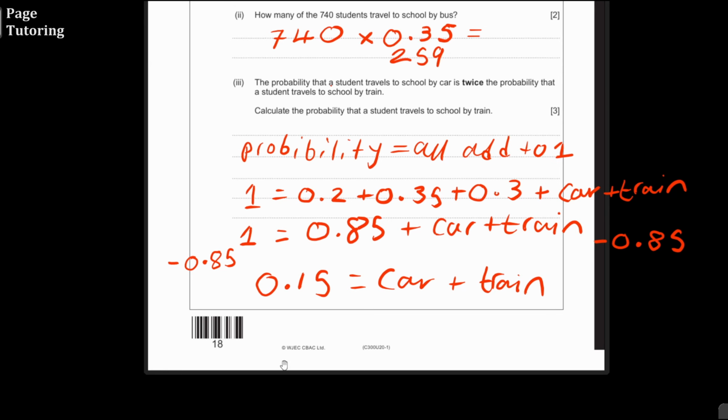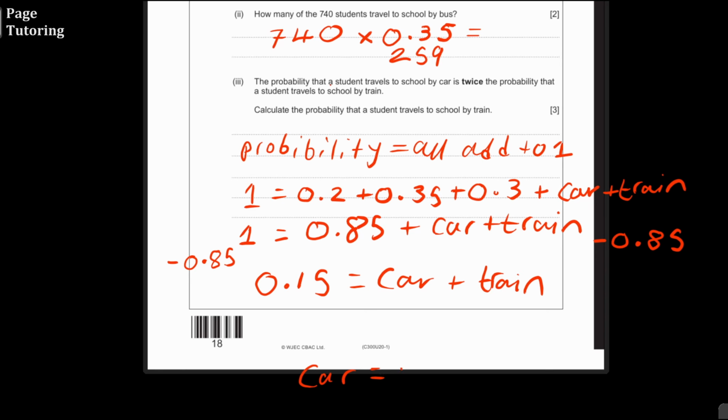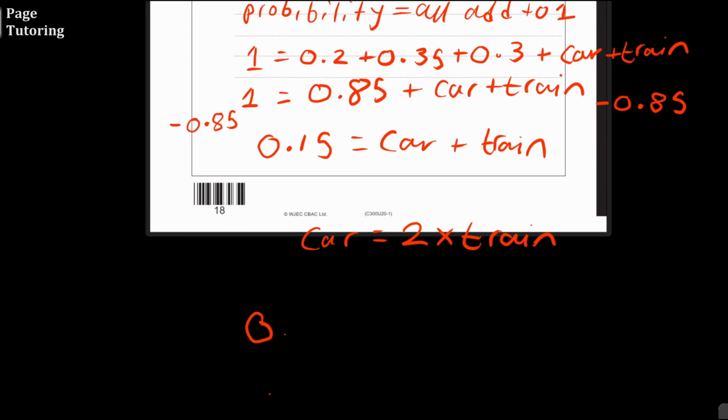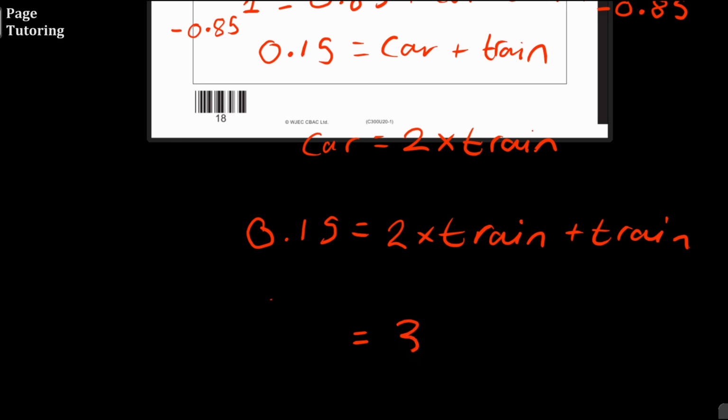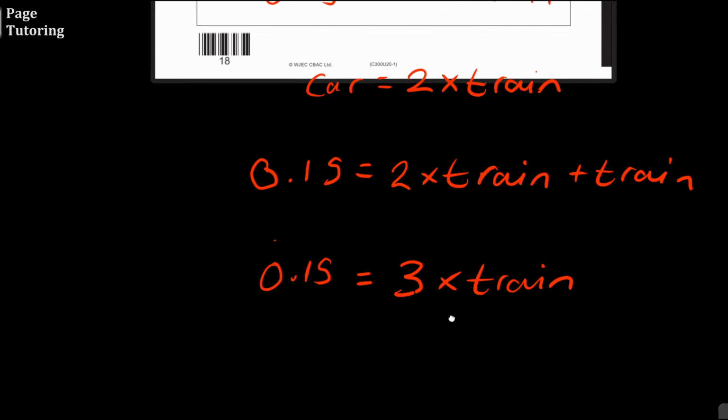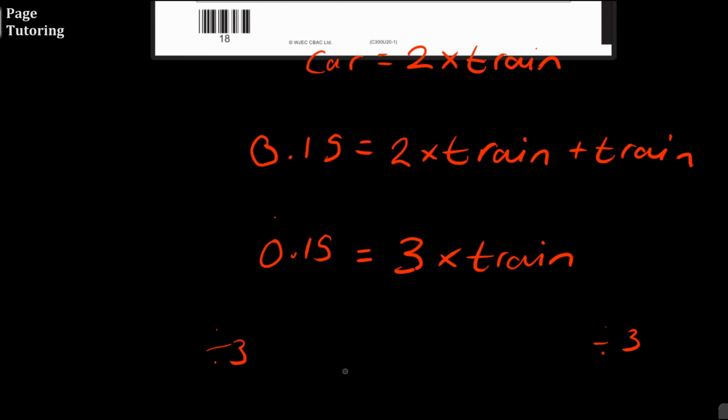So that means we can say that car is equal to 2 times train, because it says right there the probability is twice the probability of train. So now we can say 0.15 equals 2 times train plus train. So we're just going to simplify that. So that's 3 times the probability of being on the train equals to 0.15. Well, dividing both sides by 3, we know the probability of train then was just 0.05.